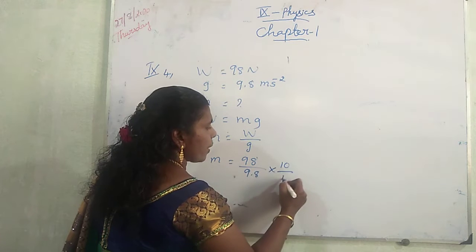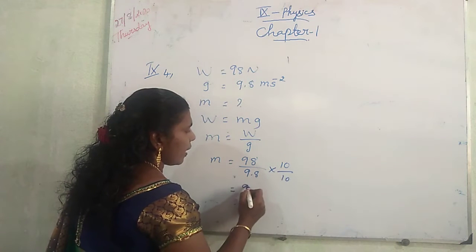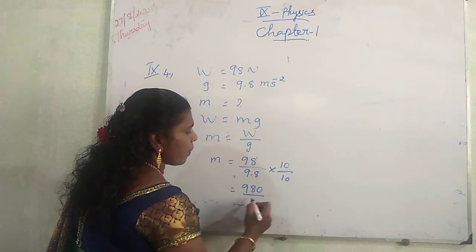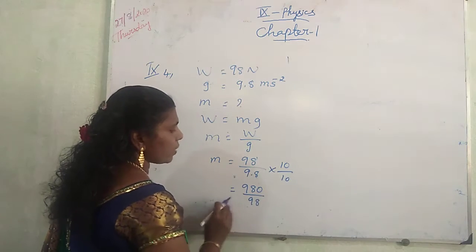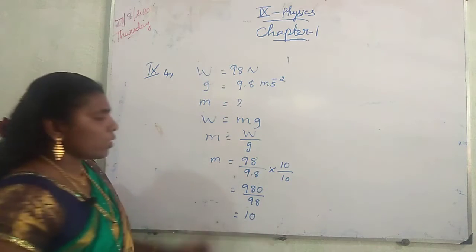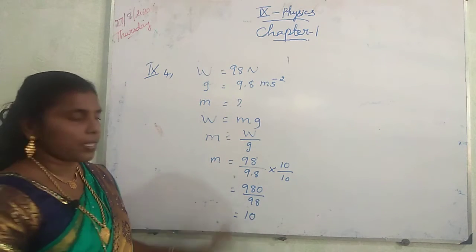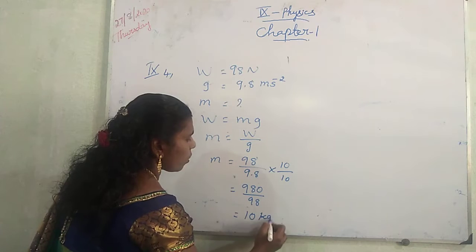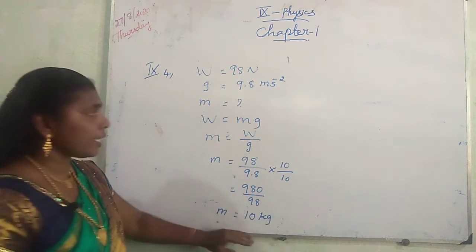So 980 divided by 98. Just cancel and you will get 10. What's the unit of mass? Kilogram is the unit of mass. So m equal to 10 kilogram.